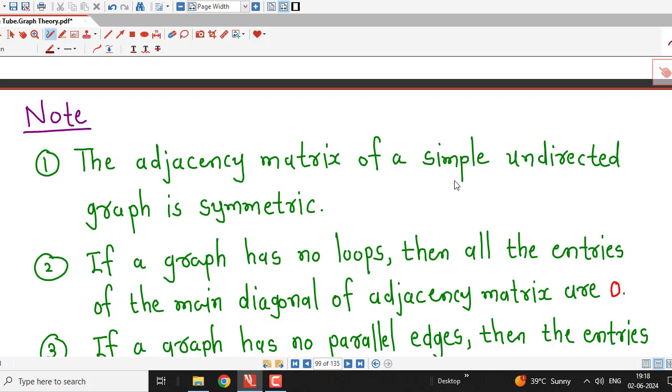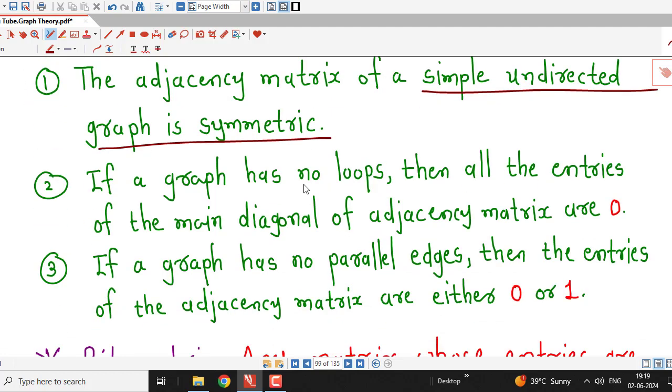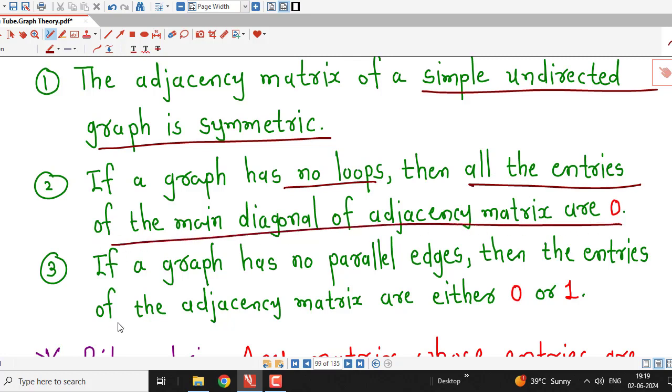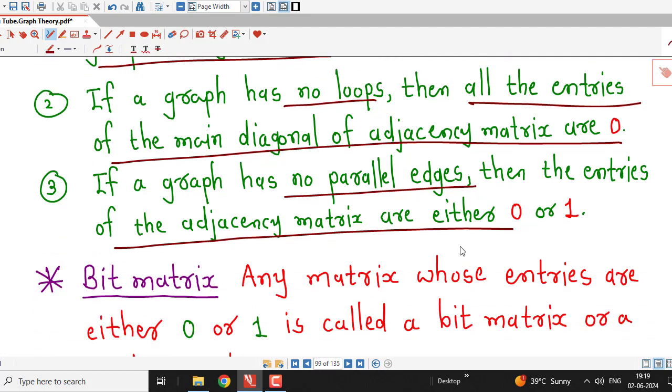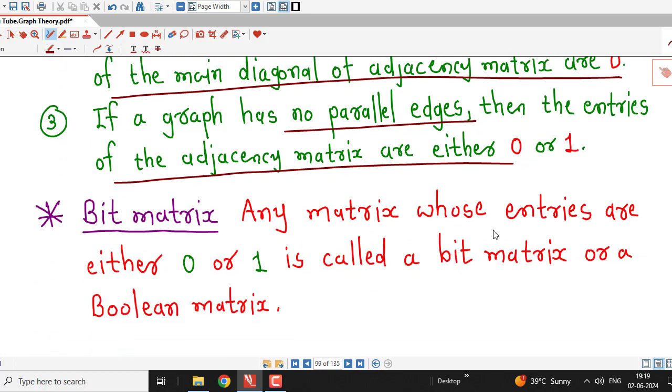The adjacency matrix of a simple undirected graph is symmetric. If a graph has no loops, then all the entries of the main diagonal of the adjacency matrix are 0. If a graph has no parallel edges, then the entries of the adjacency matrix are either 0 or 1. And any matrix whose entries are 0 or 1 is called a bit matrix or Boolean matrix.